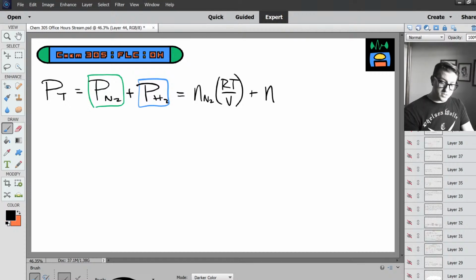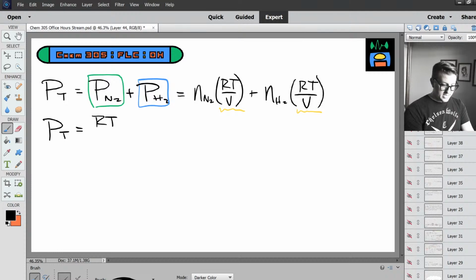Pressure of H2 is equal to the moles of H2 times RT over V. All right, now you'll notice we have a common factor. So we can factor that out to get an expression for total pressure is now equal to RT over V, right? We factored that out, times the moles of N2 plus the moles of H2.